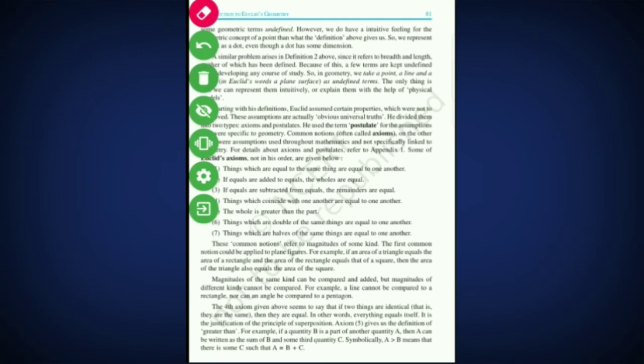Okay, starting with his definitions, Euclid assumed certain properties which were not to be proved. Means Euclid has taken some properties which were not proved. These assumptions are actually obvious universal truths. He divides them into two types, axioms or postulates.